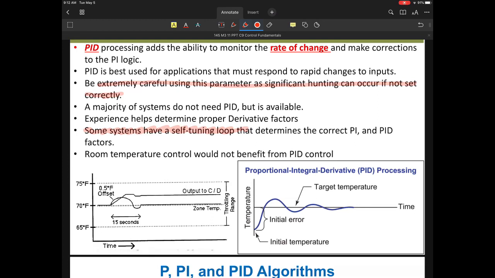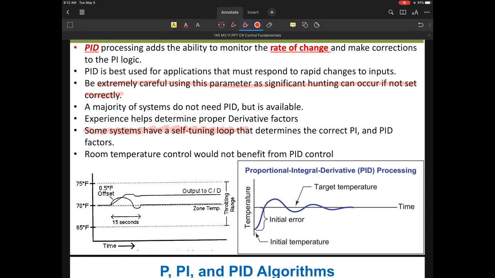I had mentioned these self-tuning loops. In the higher level systems, there's such a thing called a self-tuning loop or a learning mode. I dealt with some of these where you'd put the system into a learning mode, and the learning mode would drive the actuator or the valve fully open and fully closed.